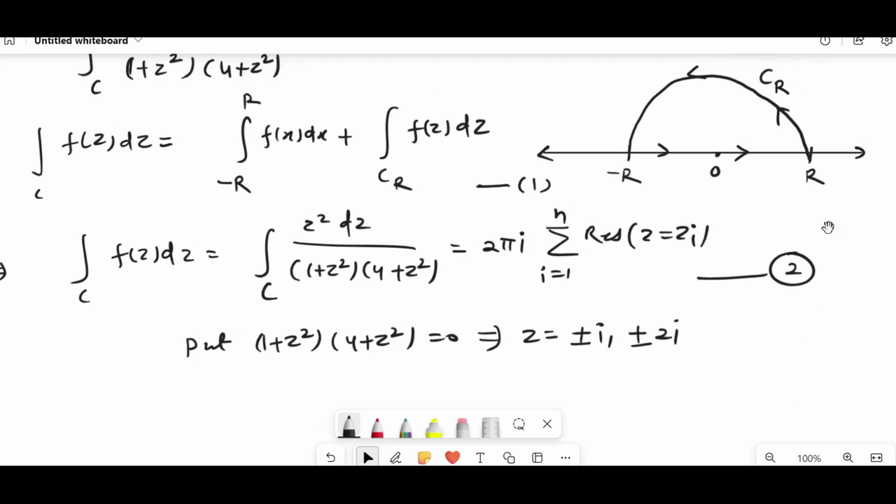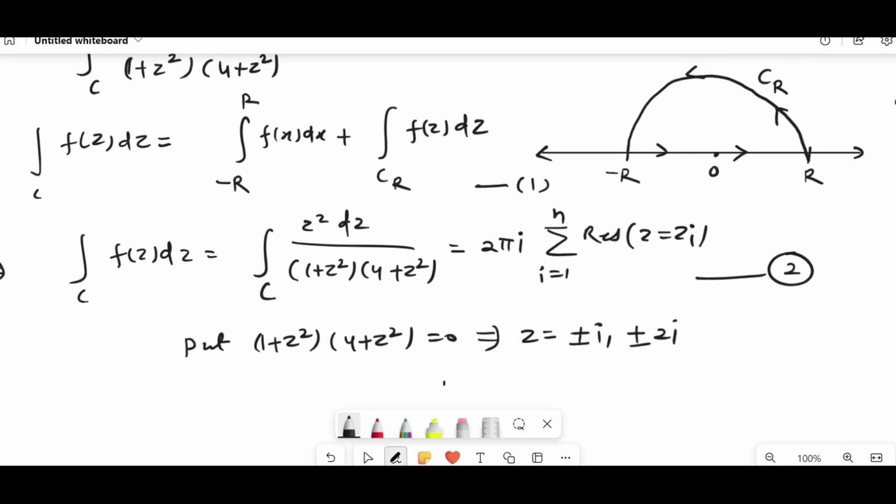So you can see only z equal to i and 2i belong to the upper half circle, that is mod of z equal to r, and we already know that this radius r is a very large value.